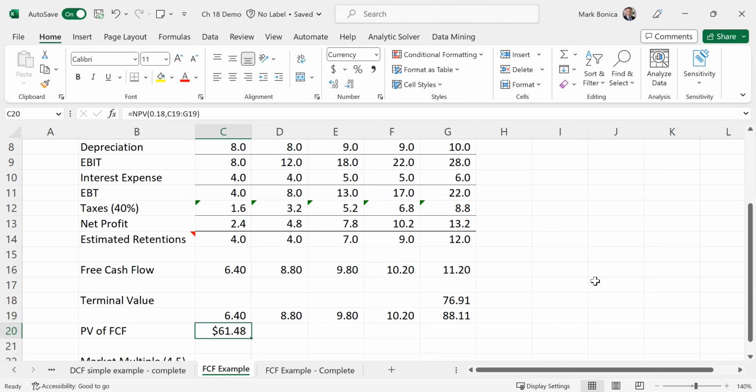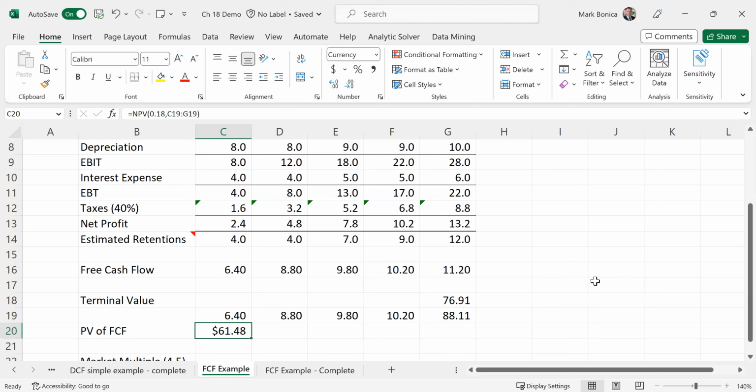Once you have all that, you're going to say, all right, where is the end of the rapid growth phase? In this case, it's 2024, but whatever it is on the exam, you'll say, okay, I need to know what the last free cash flow is. That becomes the basis of my terminal value. Then I use the terminal value formula, or what we used to call EP0. So I plug in the last free cash flow, which in this case was 11.2, right? That becomes my D0 in the EP0 formula.